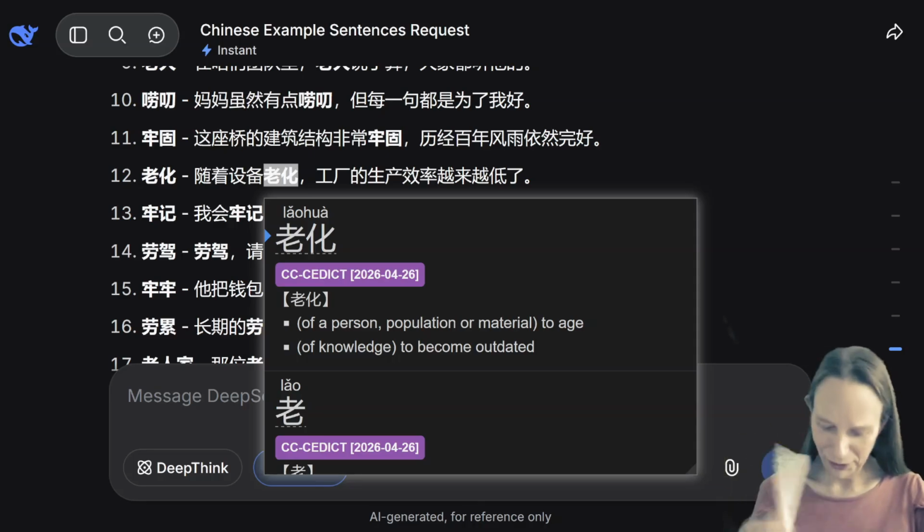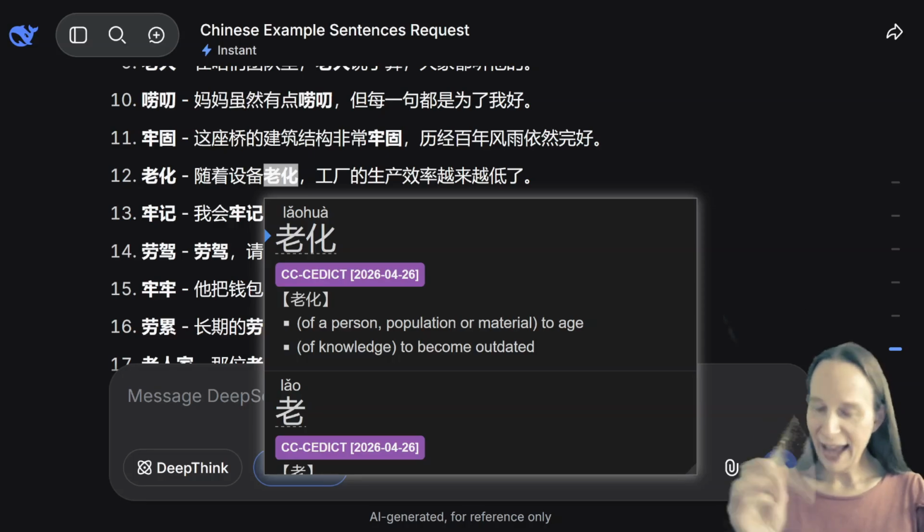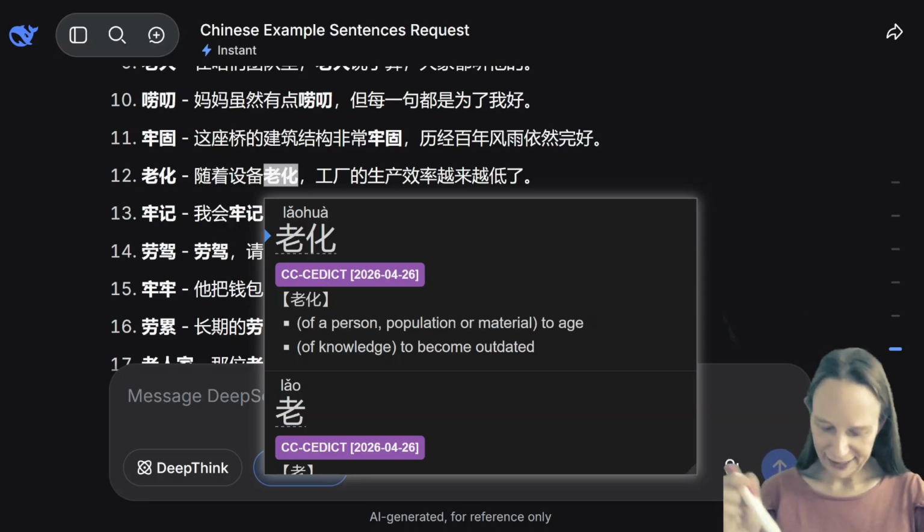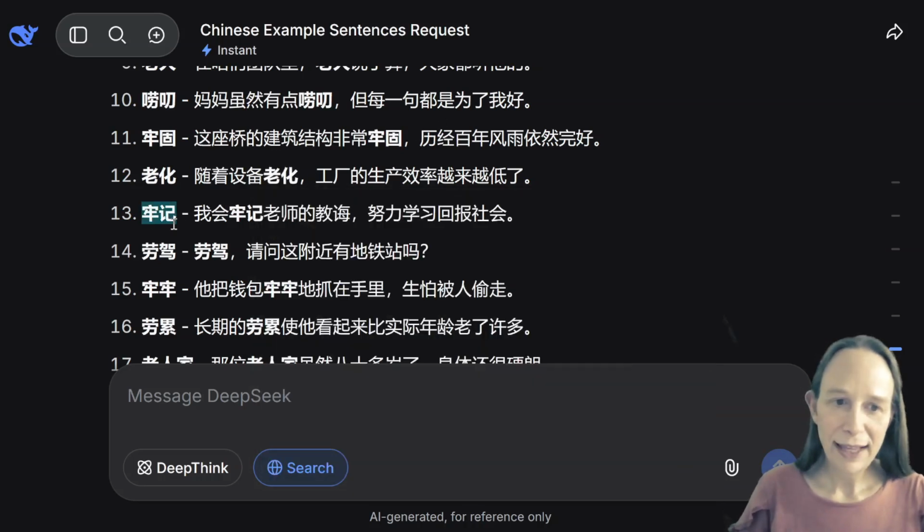So old or becoming old. 知识陈旧或变陈旧. So knowledge is outdated or becoming outdated. Okay, 领导班子年龄老化. I guess that's just old. Anyway, 牢记.